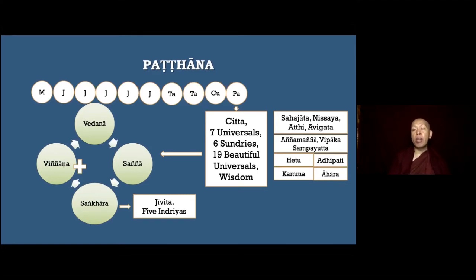Mostly we just know 5 controlling faculties like saddha, faith or confidence; viriya, efforts; sati, mindfulness; samadhi, concentration; panya, wisdom. These 5 are called 5 indriyas, 5 controlling faculties. So 5 controlling faculties and jivita are from Sankhara Khanda, and manindriya, mind faculty, is from Vijnana Khanda. So Vijnana Khanda is called manindriya.